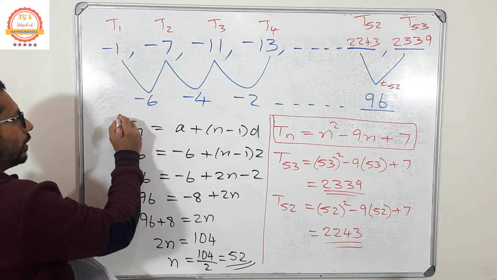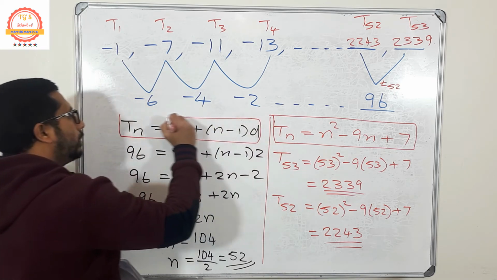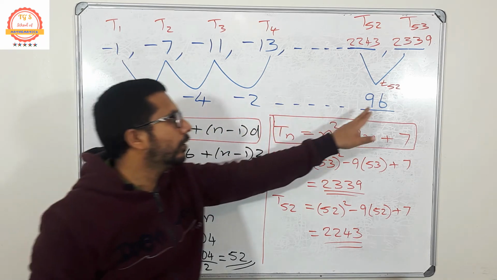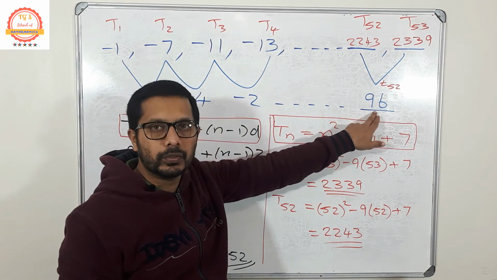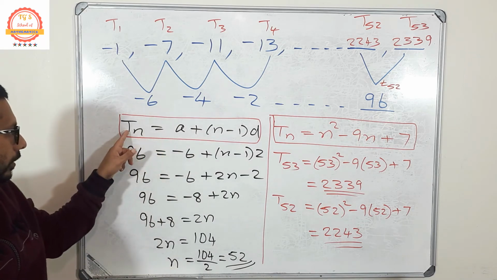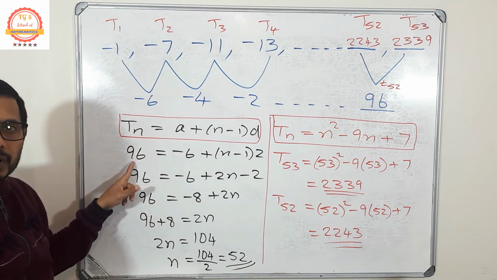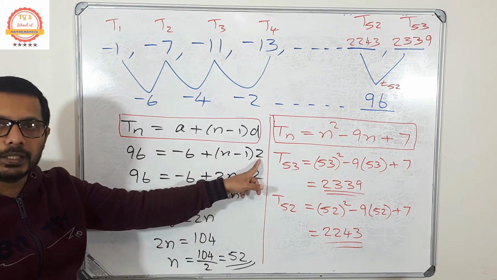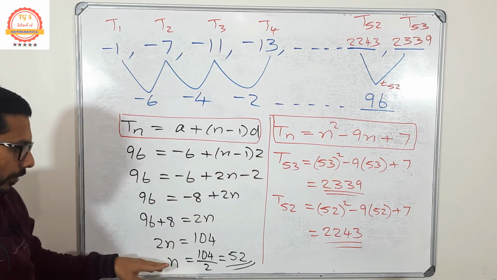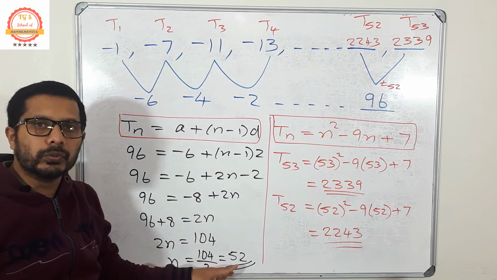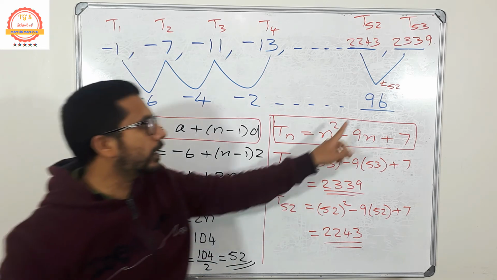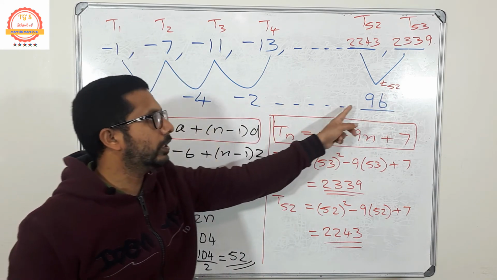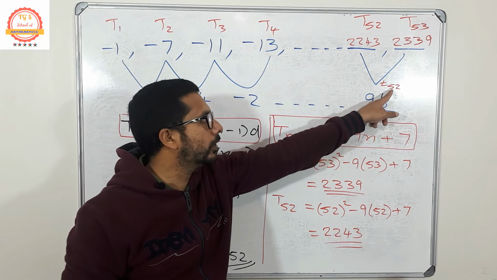Tn is equal to, this is the formula to find the nth term. So we assumed 96, and I am going to find which term this one is. So I substituted the value of Tn as 96 is equal to, substituted the values of a and d. Then solve that one. We got n is equal to 52. So now we know that this 96 is the 52nd term of this first difference.